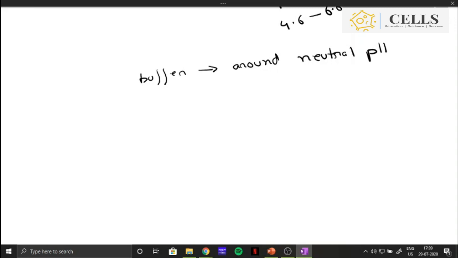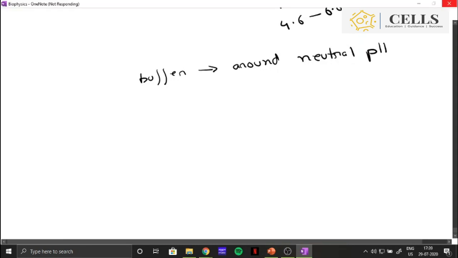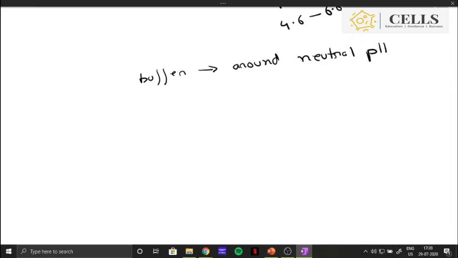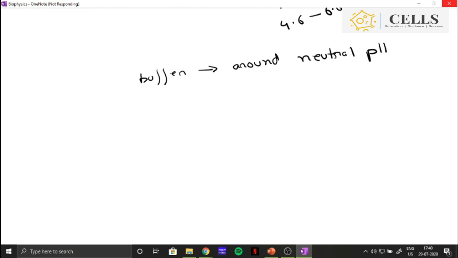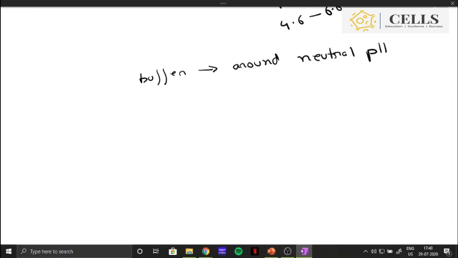For example, there are very few proteins which have a very low pI. Technically, the pI of a protein revolves around the neutral pH only, because proteins are made of many amino acids. You have some hydrophobic amino acids, and some hydrophilic amino acids that are negatively charged and positively charged. So you have some negatively charged and some positively charged amino acids at the same time, and they cancel each other, so the pI of a protein revolves around neutral pH.